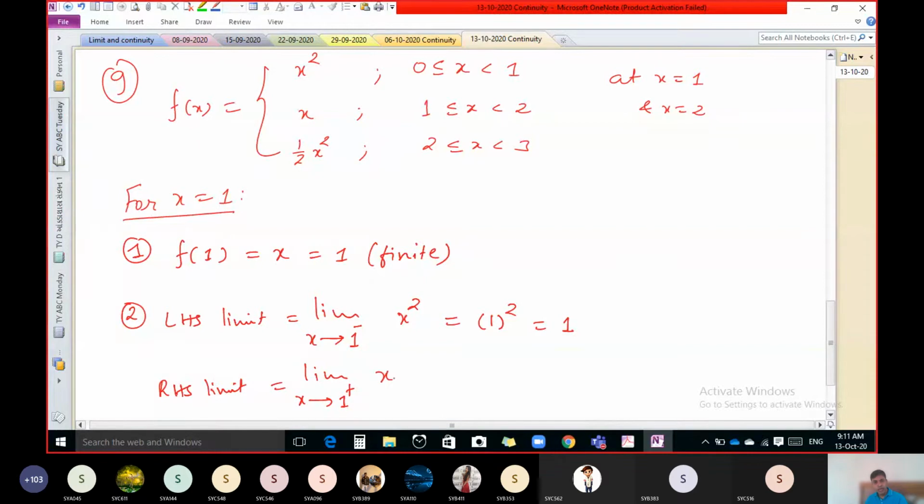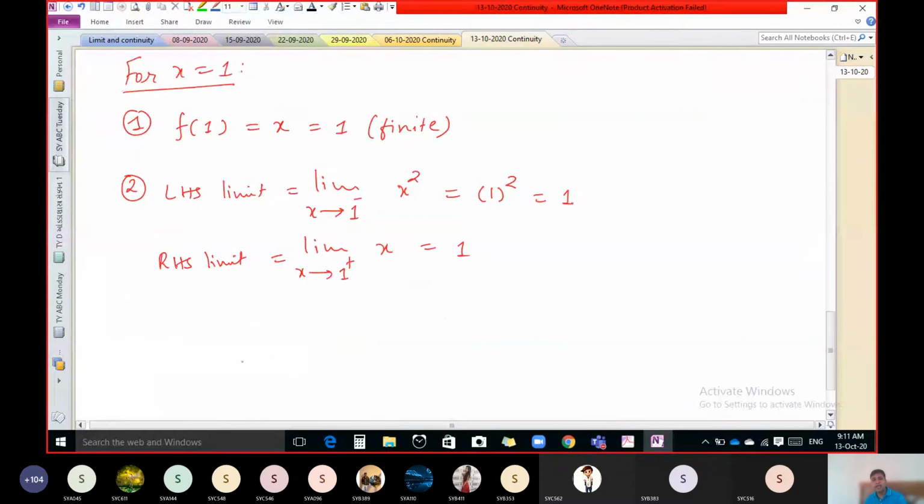So x, and then we have to put x equal to 1, and say left hand side and right hand side limits are equal. So we can say that limit x tends to 1, f of x equal to 1.